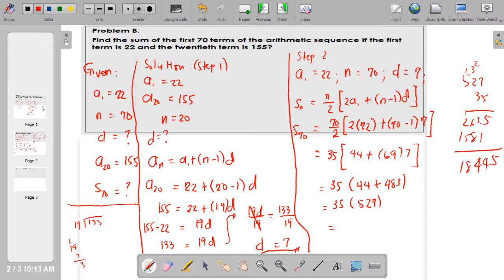So it's 18,445. Therefore, the sum of the first 70 terms of this arithmetic sequence is 18,445.